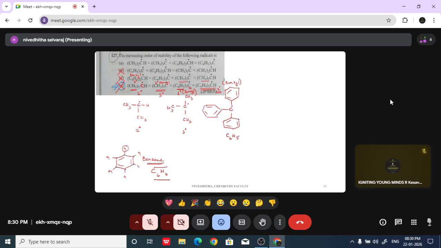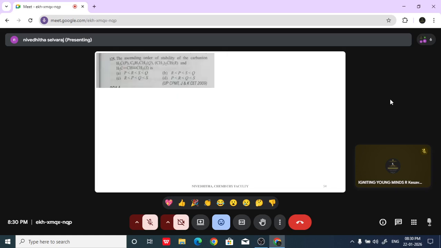Yes, option A is right, because in option A, the most stable is tertiary and benzyl. Next is secondary and benzyl. Next is tertiary, then secondary. Very good. Next. Now, they're asking us to arrange the stability of carbanions.